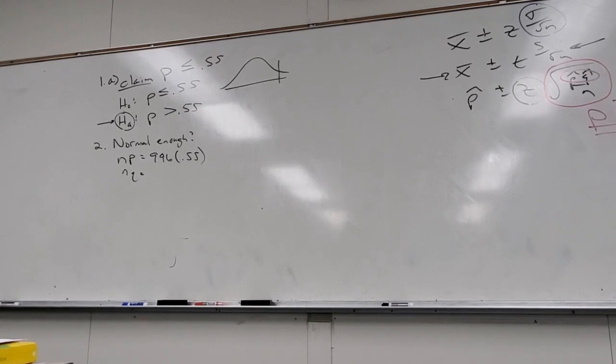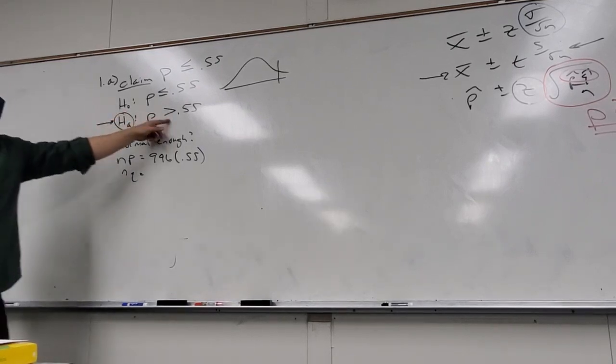If somebody gets caught, you think that guy's guilty, but we're supposed to assume somebody is innocent. And then what does the prosecution try to do? Find evidence that he's not innocent. We always try to find evidence against the null hypothesis. So we try to find evidence for this one.